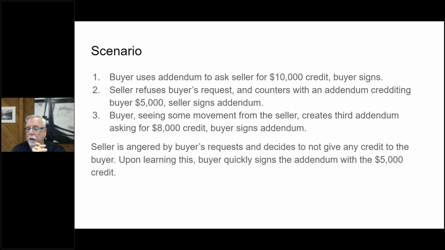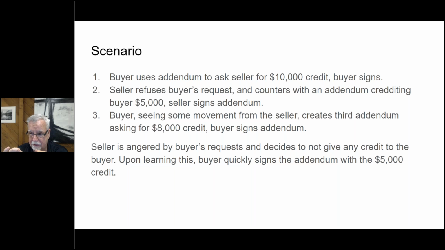So you're in a contract, there's inspection contingencies, and the buyer would like the seller to give the buyer a $10,000 credit towards closing costs. So in order to accomplish this, the buyer's agent writes up an addendum. And in the addendum, it simply says seller to credit buyer $10,000 towards closing.